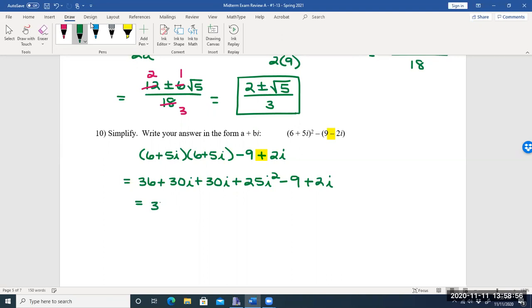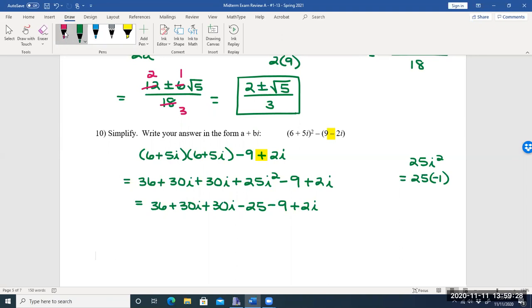I'm just going to rewrite everything, but I'm going to deal with that i squared. So since i squared is negative 1, I can turn that 25i squared into 25 times negative 1. And so that's why I made it minus 25. So i squared is negative 1.